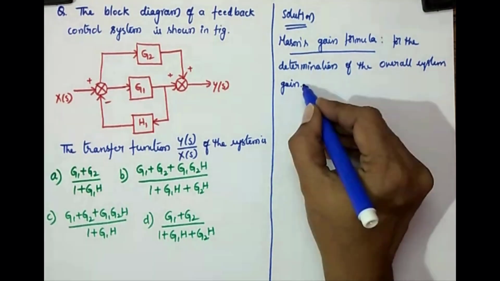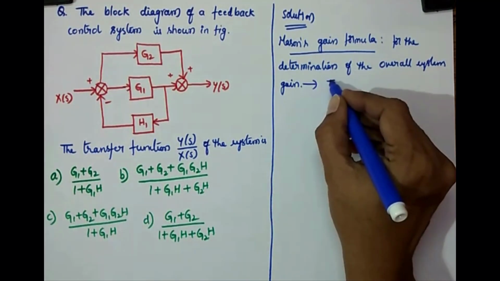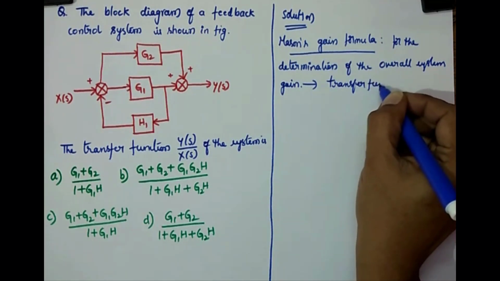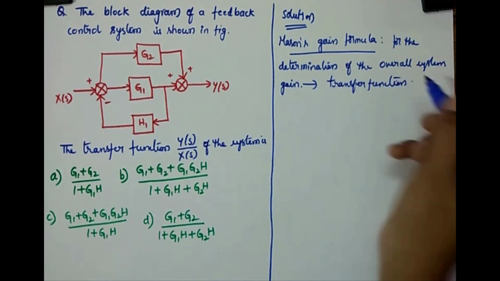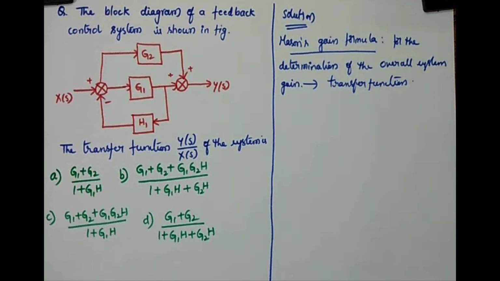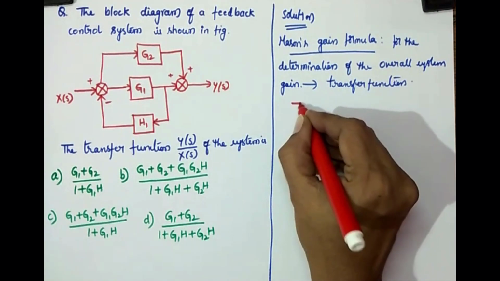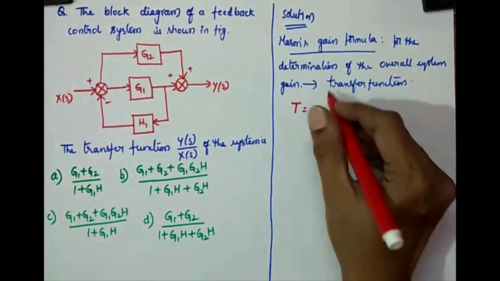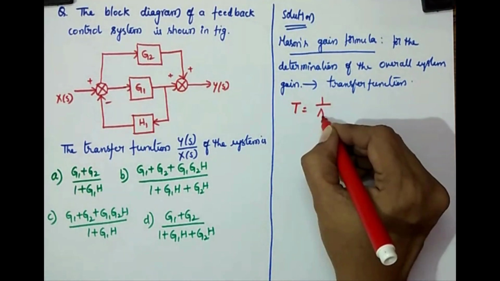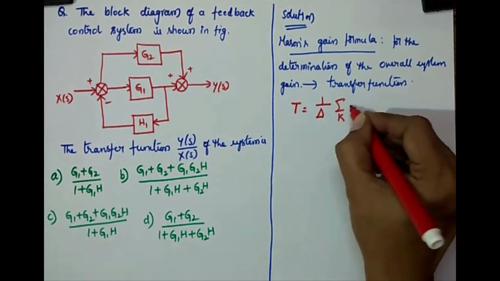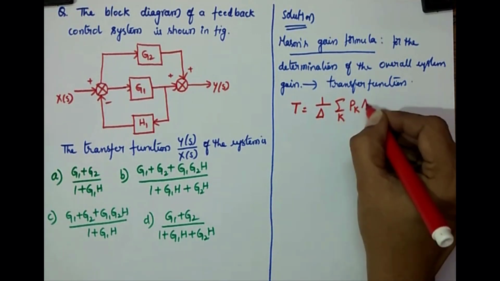Gain is nothing but the transfer function. Then what is this Mason's gain formula? The gain T is equal to 1 by delta, sigma k, Pk delta k.